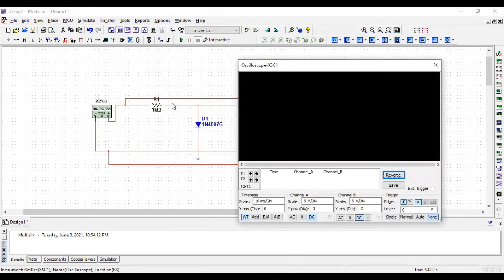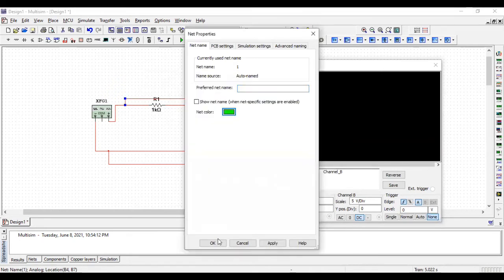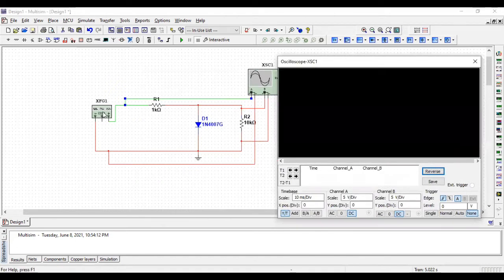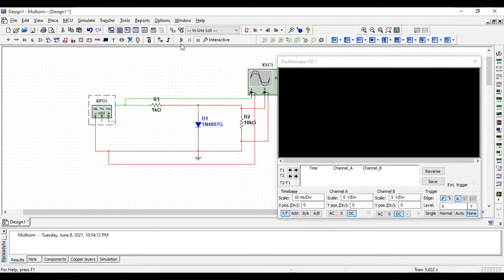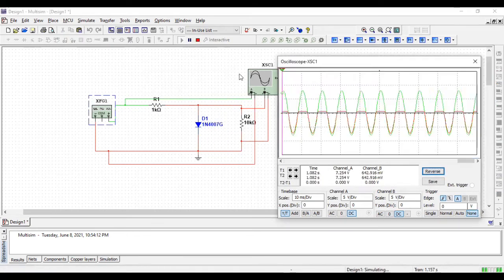I am changing the color of the input waveform so that we can easily differentiate. Also, I'm setting the frequency to 100 hertz and amplitude to 5 or 4, or whatever. You can choose any value of amplitude. So yeah, this is how it looks.